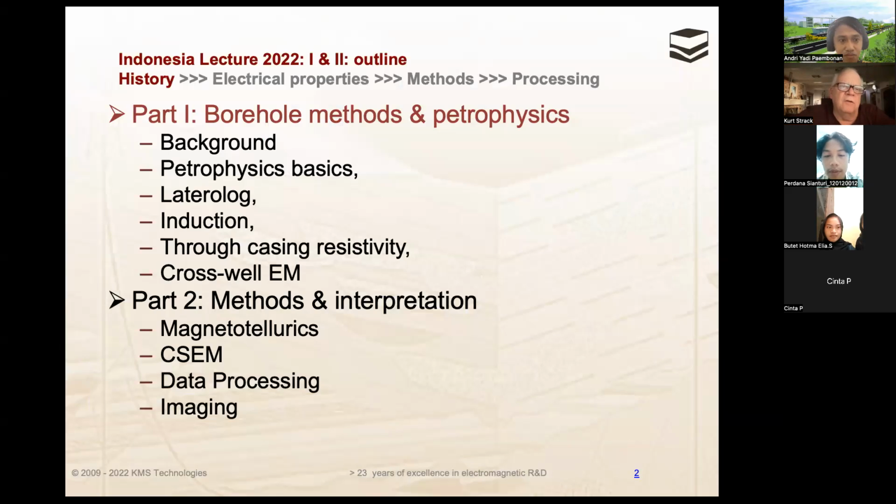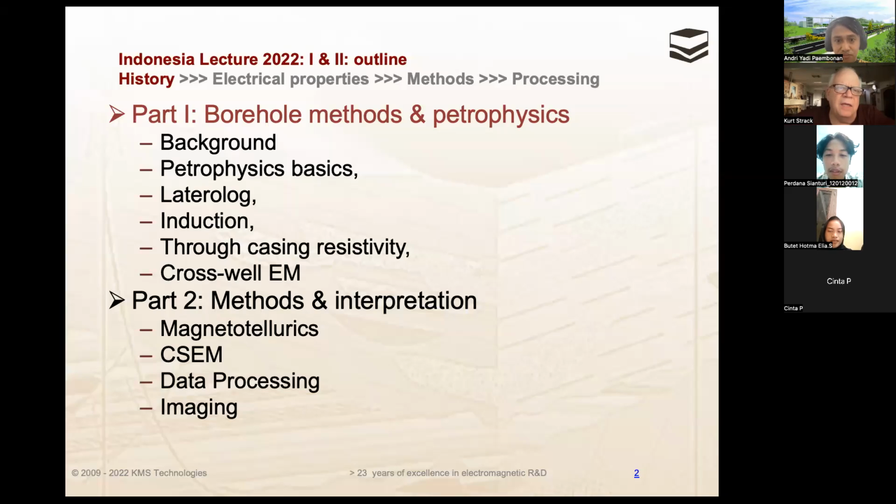Today we are covering borehole methods and petrophysics. The main topic is how to use electromagnetics for green energy applications. And there's going to be a 3rd lecture on geothermal by popular demand from Andre. I believe this is part of Andre's lecture course.